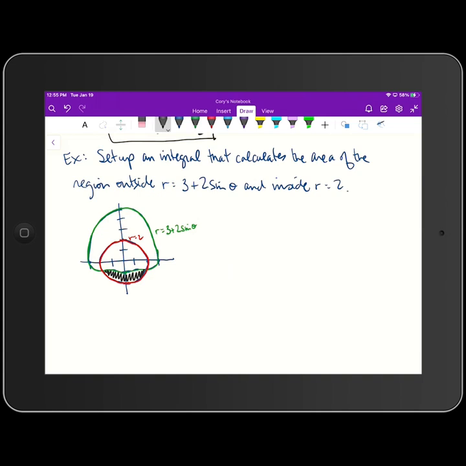This time it's going to be the area outside of the green curve and inside of the red curve. Okay, so I want you guys to set up this integral and then pause the video, and then we'll talk about it for you to check your work.